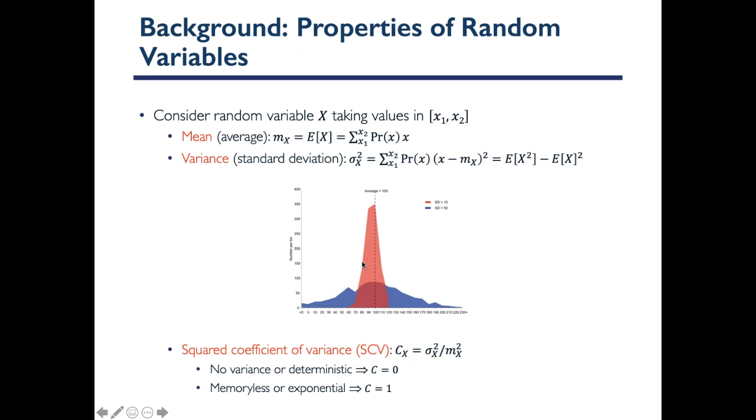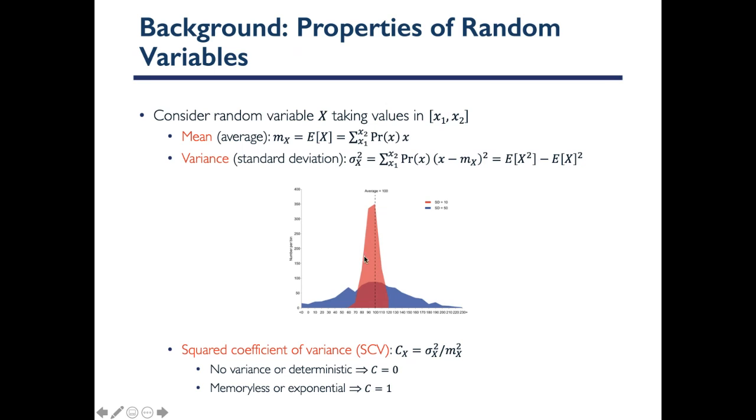In the red one, this is a histogram of the values and the frequency. On the x-axis, you have different values that your random variable can take. On the y-axis is how frequently that happened. This dotted line here is the average, which is the same for both histograms. The average is 100, but the red histogram has a low variance.